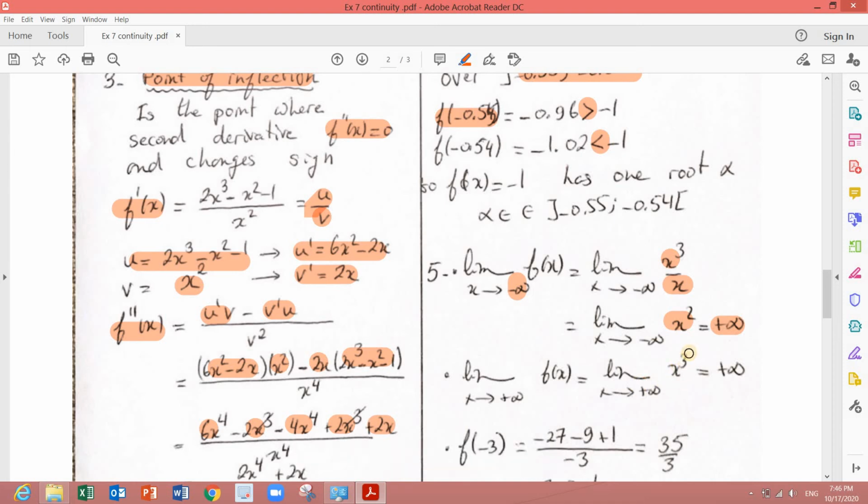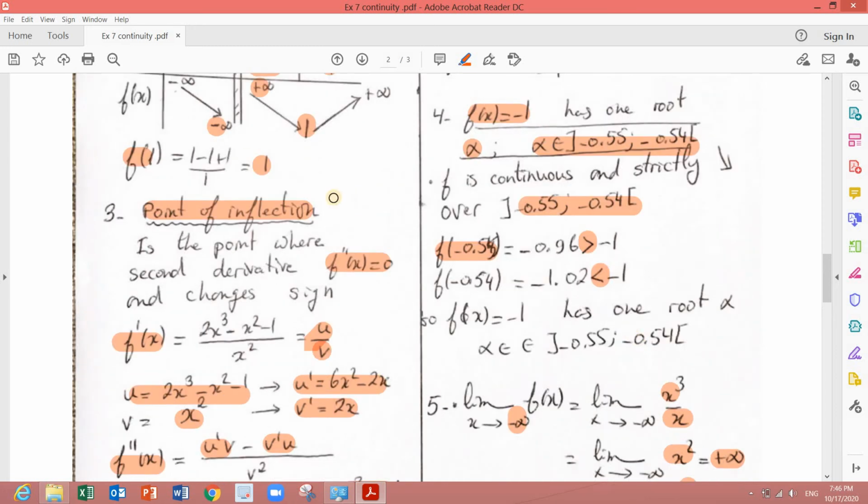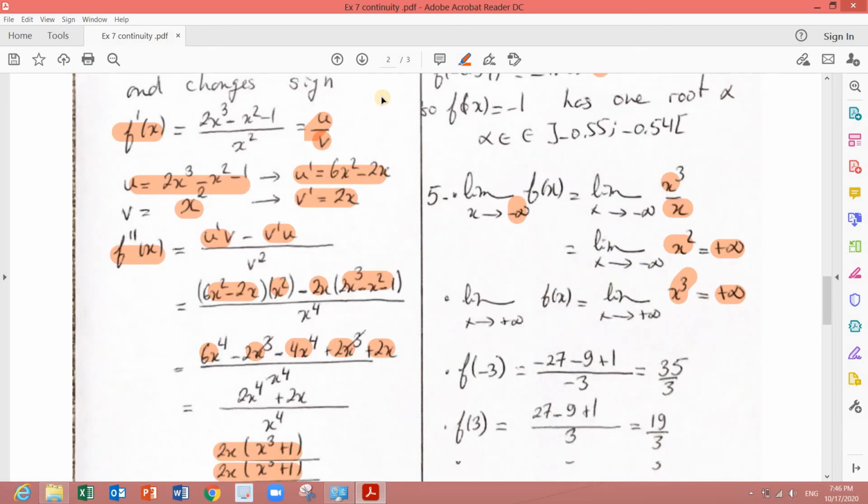It will be this one. This should be x squared, not x cubed. It will be plus infinity. So in this table here, this one should be plus infinity, not minus infinity, and this is plus infinity. Okay, please correct them when you are solving.